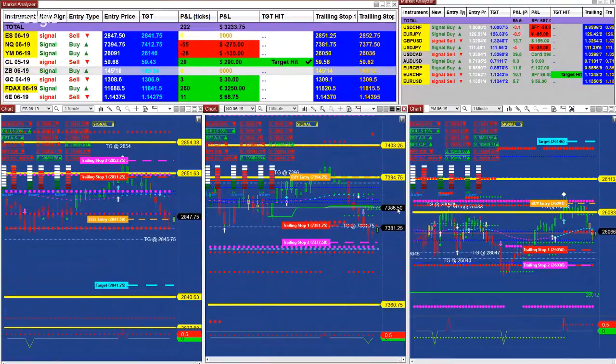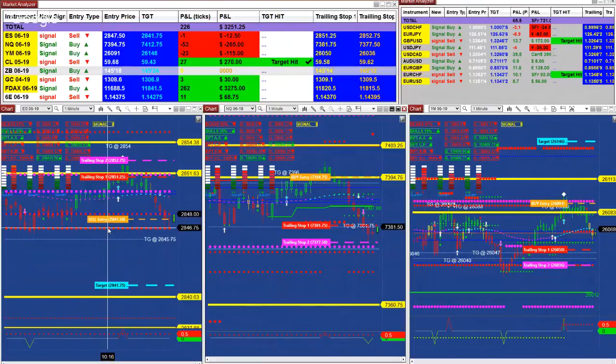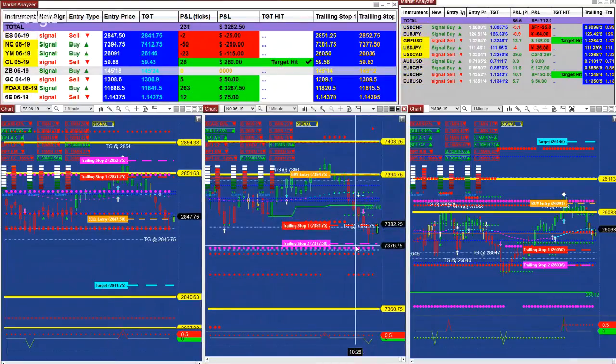So as you see on the ES, I didn't want to call that signal at 47.50 because your support line is at 46.75. That's what I was scared of. At the same time, you have a double, triple support line for the Nasdaq, which is indicating this for the ES.